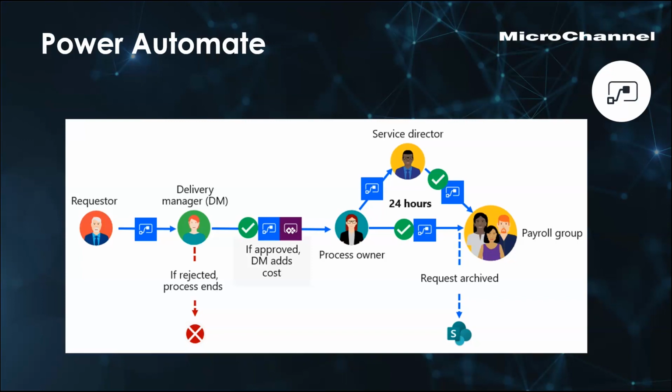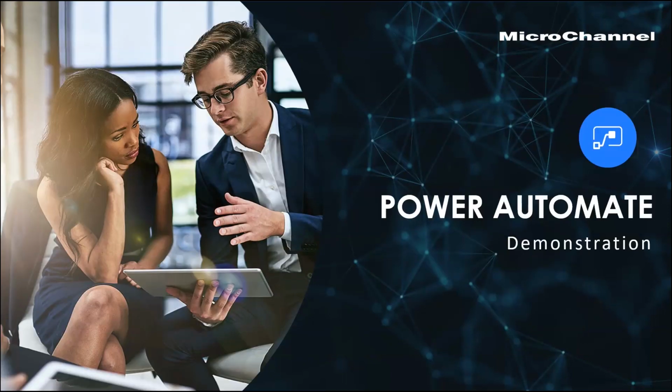If it is actually approved, it moves on, goes into Power Automate, and then other stakeholders are affected, and Power Automate is involved in the approval process all the way through until that approval is actually complete and gets put into SharePoint. So you can see the different components and different parts of a holistic process from end to end, and how Power Automate can actually be involved in that process all the way through to move the process as we go through. So let's have a quick look at Power Automate.